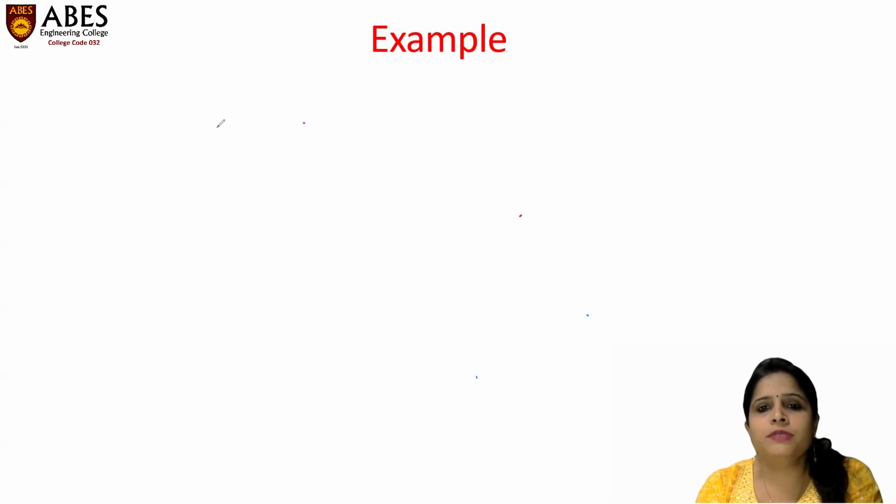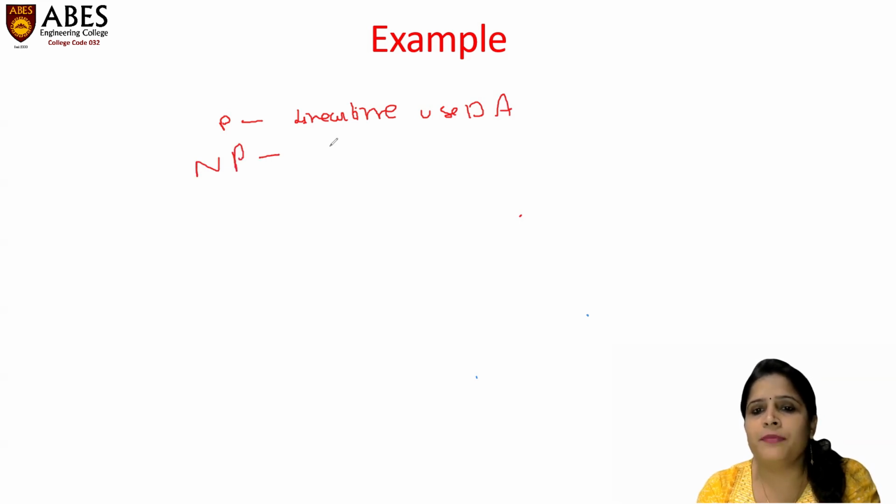P class problems are those problems whose execution time is linear and which use a deterministic algorithm. Next, we discuss the NP class. NP stands for non-deterministic polynomial type class.